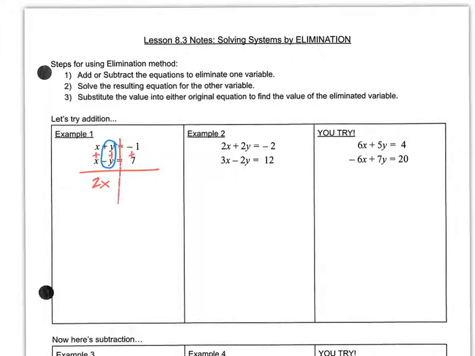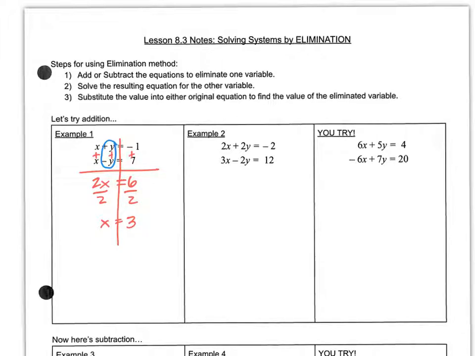And I can draw this fence here because all my equal signs lined up. And then -1 plus 7 is 6. Now this is a nice method because look, we only have a 1-step equation, and I hope you can all do this. We just have to divide by 2, and x is 3.